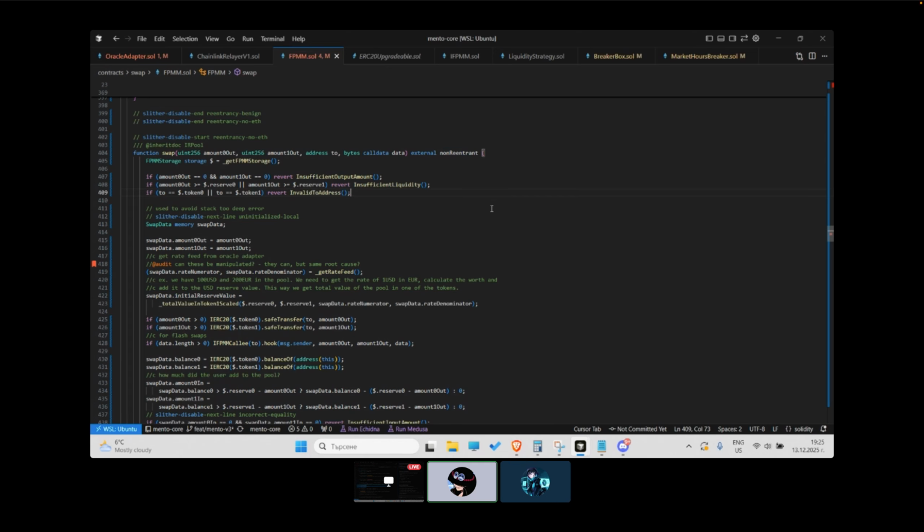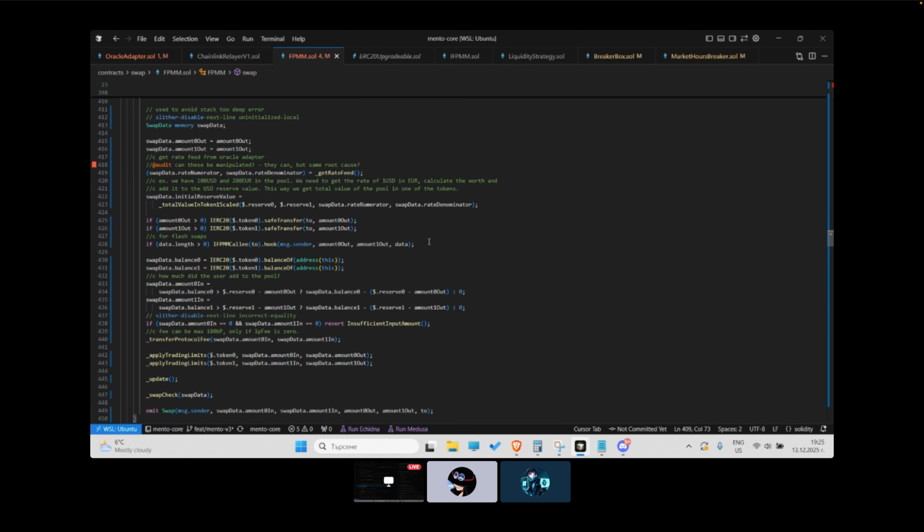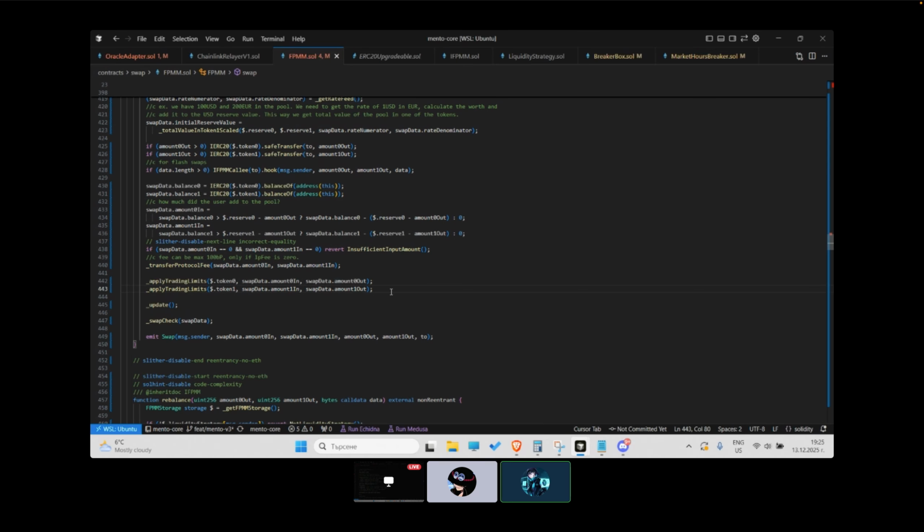So it's impossible to damage the AMM. But there may be something external that depends on the AMM. Okay, so this is the Uniswap logic. They do the same logic. So you can assume it's correct.